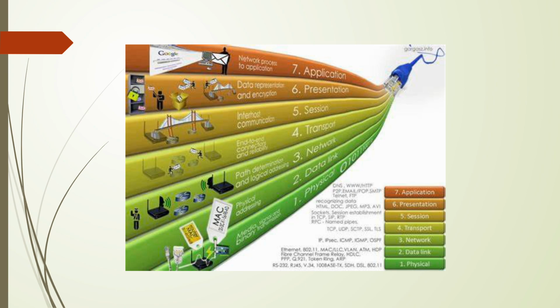These are the 7 layers with examples of how they're used and the specific function of each layer: physical layer, data link layer, network, transport, session, presentation, and application, with the application layer as the network process for applications. Like this, there are different layers, each with specific functions.